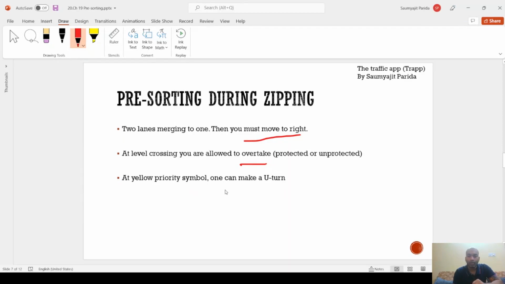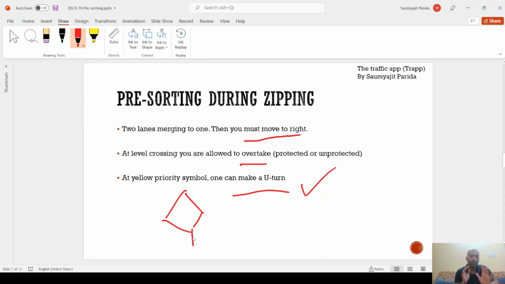At the yellow priority symbol, one can make a U-turn. Means at the yellow priority symbol, this one, I am allowed to make a U-turn here, but only on special occasions, because this priority symbol is at highways or outside the built-up area where it is not allowed to make a U-turn.